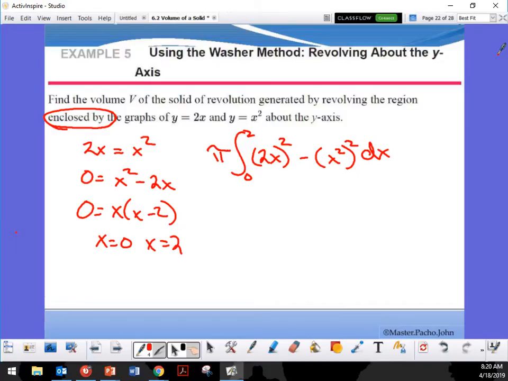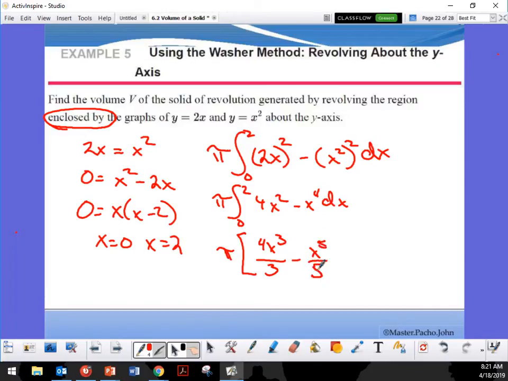Okay, square first, right? So pi, integral from 0 to 2 of 4x squared minus x to the fourth dx. 4x cubed over 3 minus x to the fifth over 5, from 0 to 2. 8 times 4 is 32. So 32 over 3 minus 32 over 5.